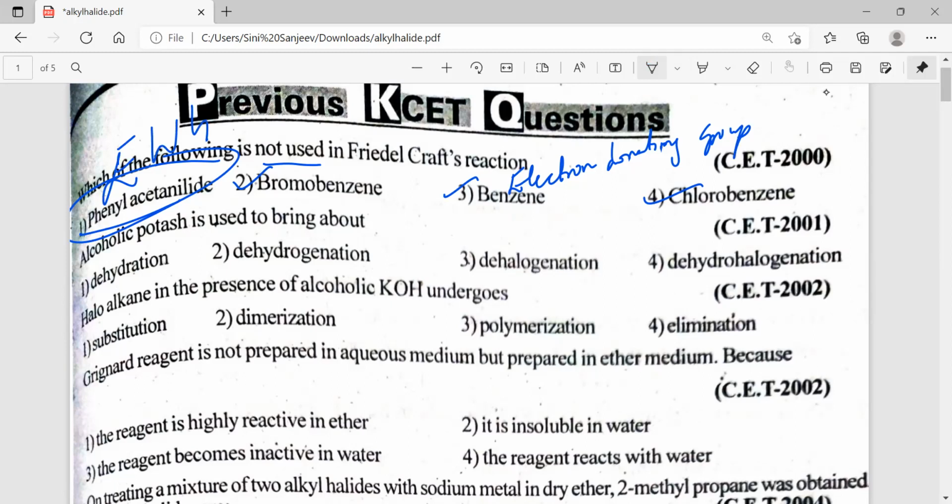Second one, alcoholic potash is used to bring about what? So this is very important. First thing is we have to know the importance of alcoholic potash.